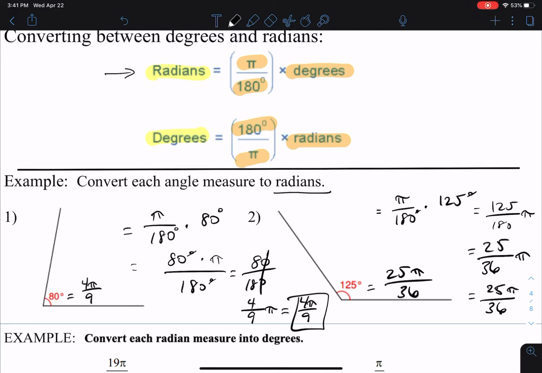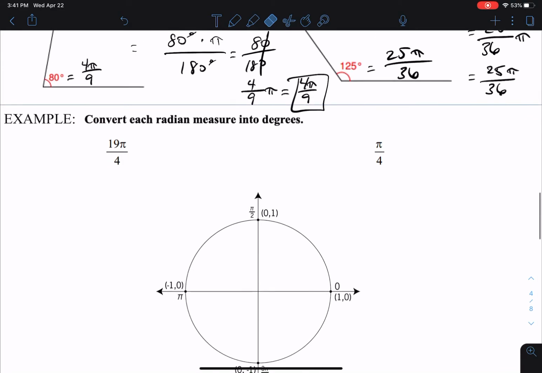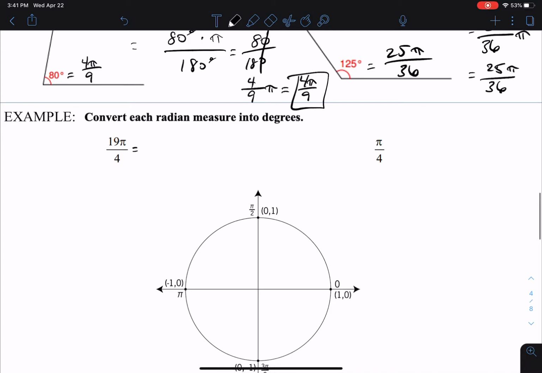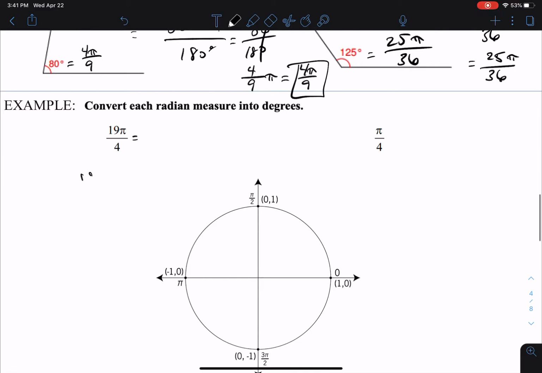Then we can do the same thing in the opposite direction. We need to figure out what degrees this is, so now we multiply times 180 over pi, and this will give us degrees.